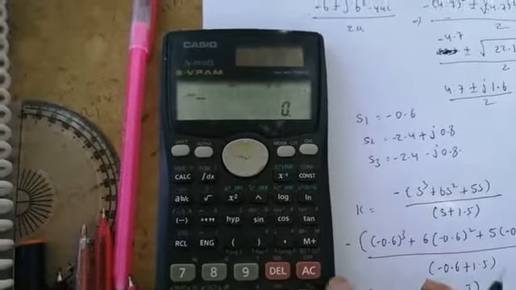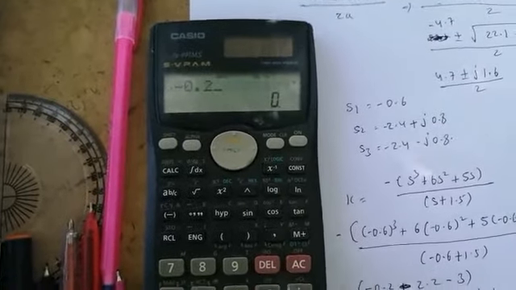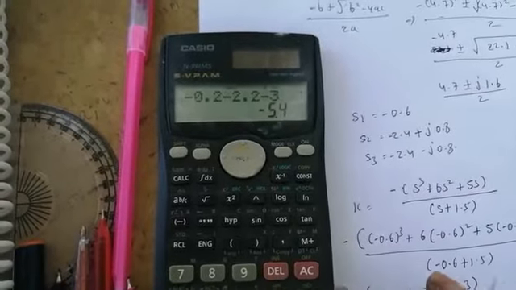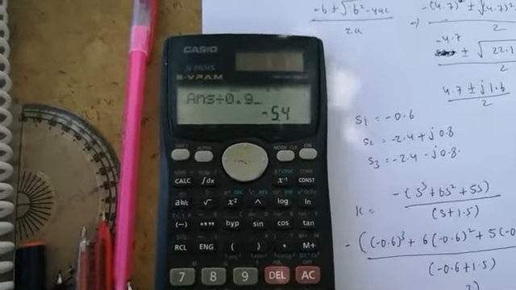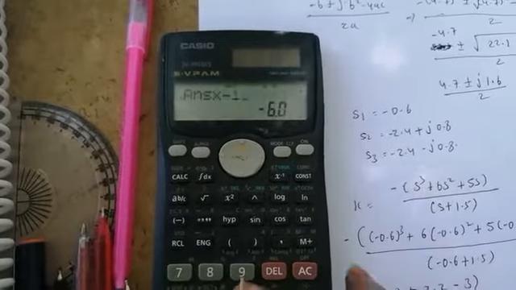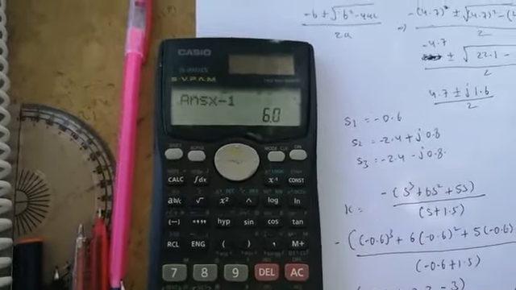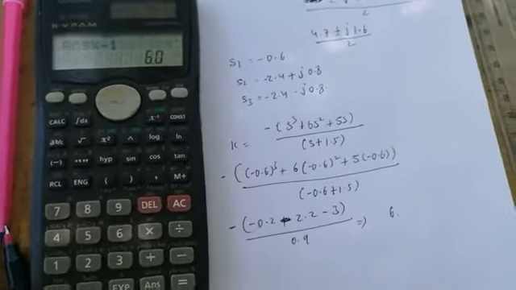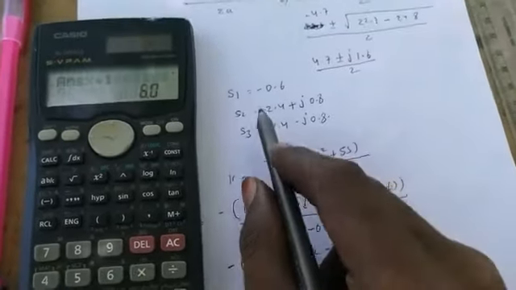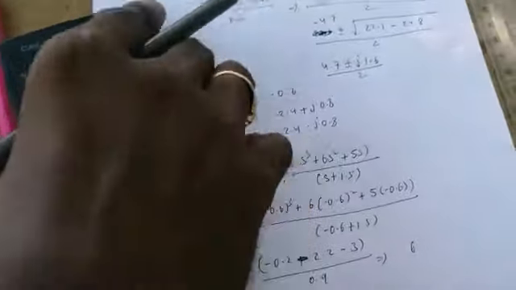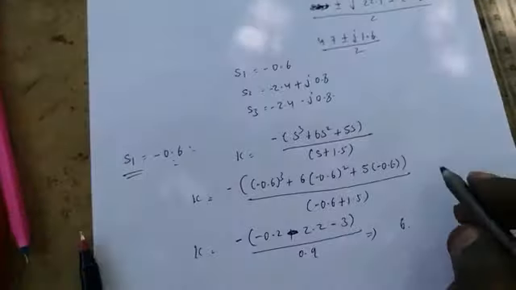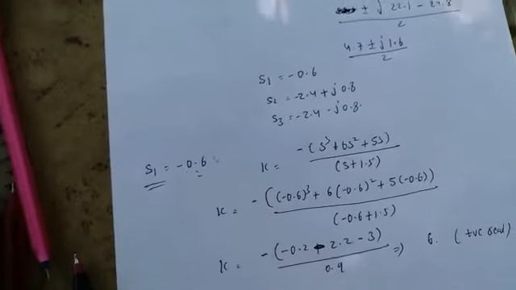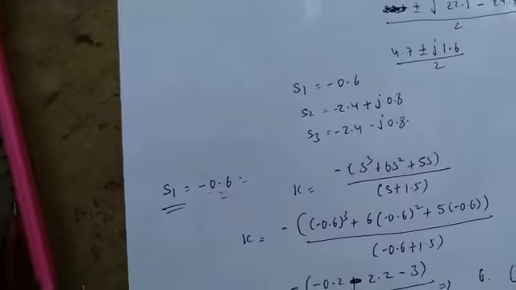So minus 0.2 plus 2.2 minus 3, divided by 0.9 into minus 1. Finally we get 6 here. After substituting s1 equals minus 0.6, we obtained a positive real value. So s1 should be called a breakaway point.